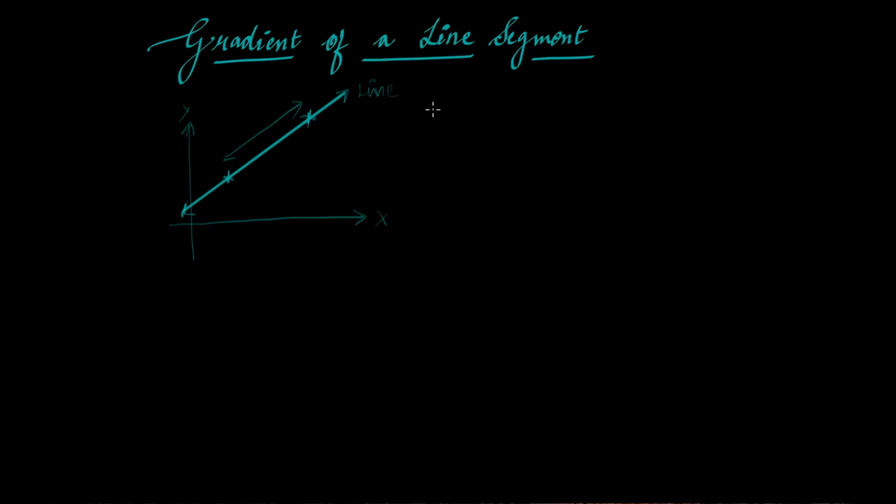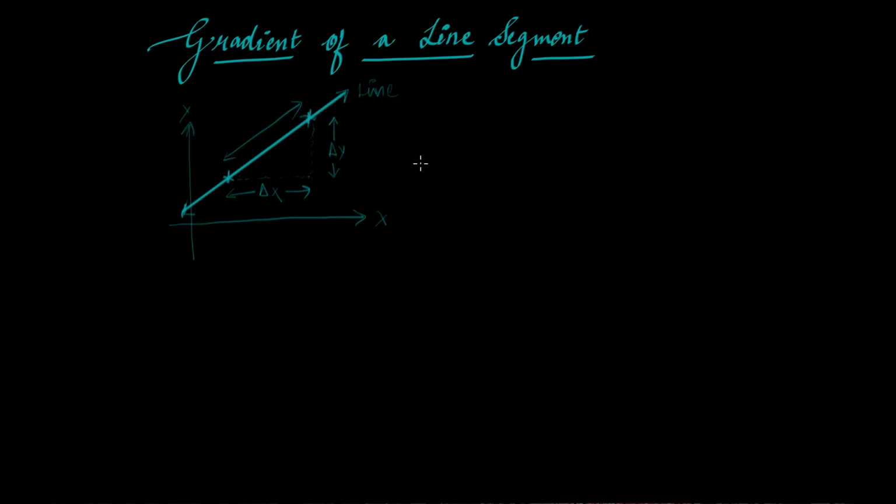So, by the definition of a gradient, we know that the gradient of a line is a measure of its steepness. So we're talking about how steep or how high the line eventually rises when we go a certain distance in x. And by that I mean, if we have these 2 points for comparison to measure the gradient of the line, we are willing to go a distance delta x in the horizontal direction, and we want to ask ourselves, well, for that delta x, what is the height or delta y of the line?